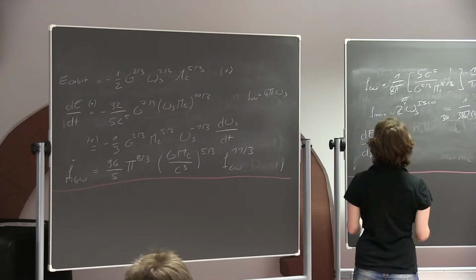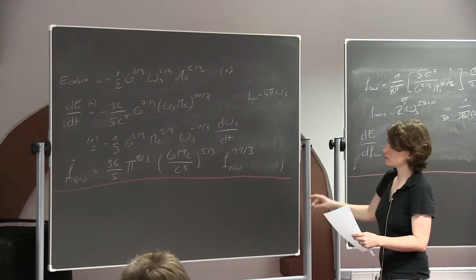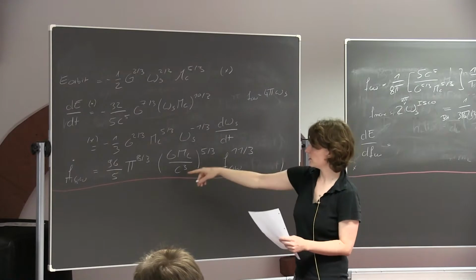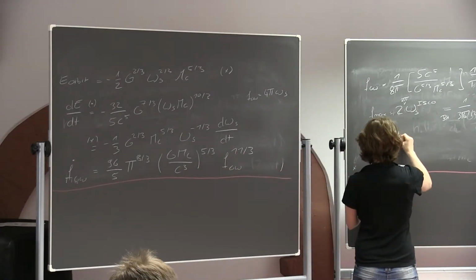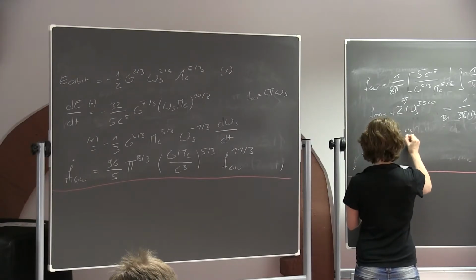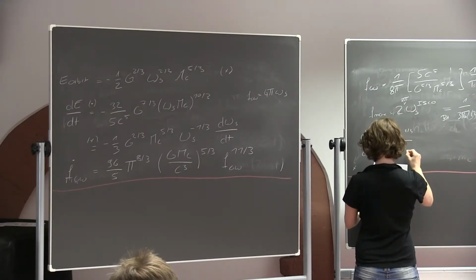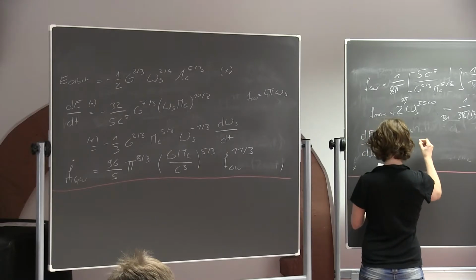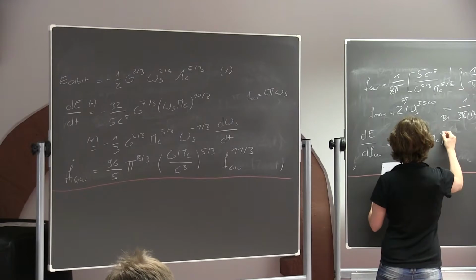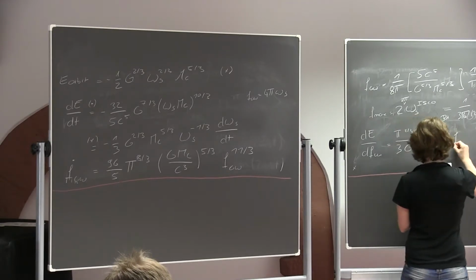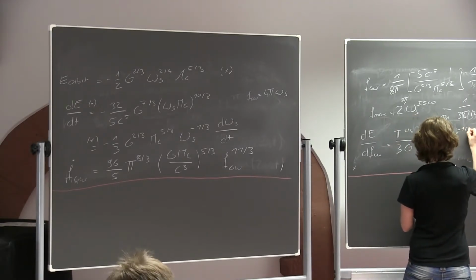That's just rewriting these equations in terms of frequency. So that's pi to the 2/3 G times the chirp mass to the 5/3 times f to the minus 1/3.